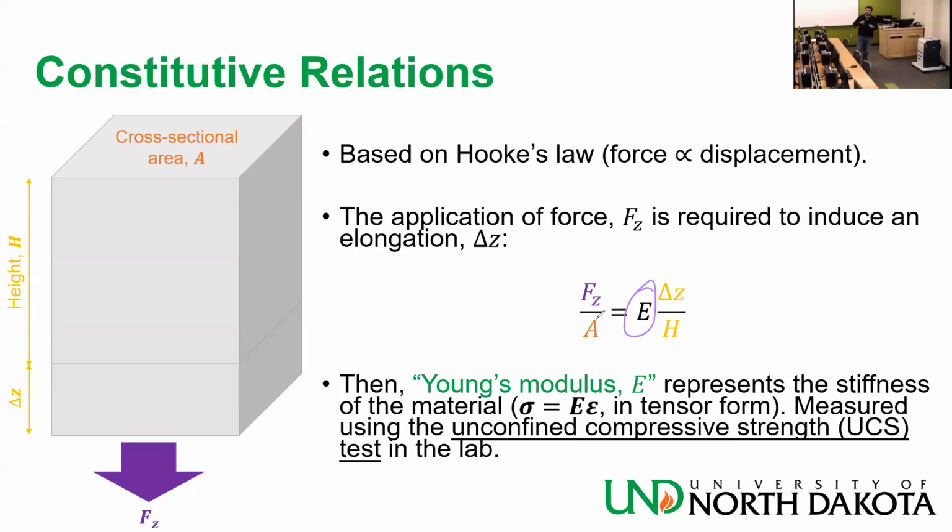It means to get the same amount of deformation, the same strain, I need to apply a bigger stress than for a rock, for instance, or wood, or something else that is linearly elastic. It is measured using a UCS test, which we're going to talk about in a later module. I believe it's going to be module 3.